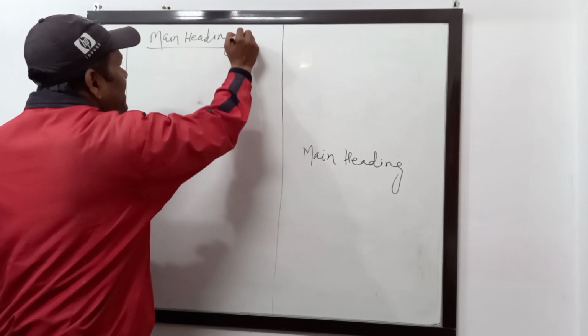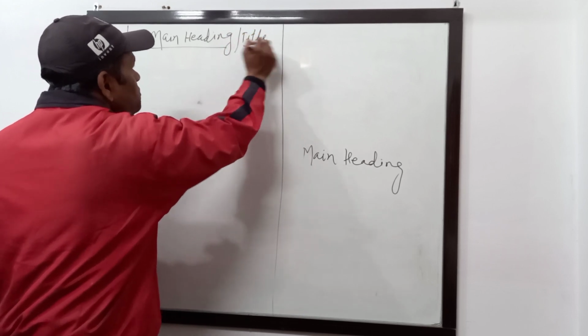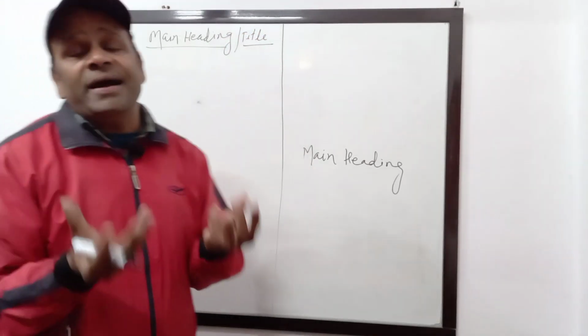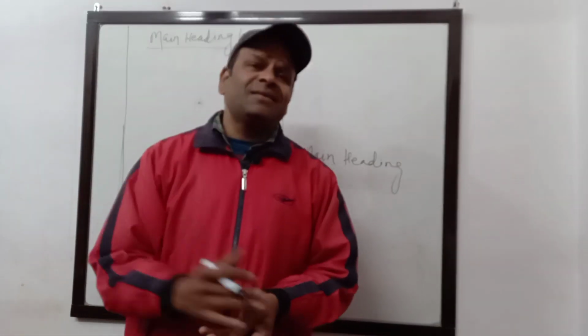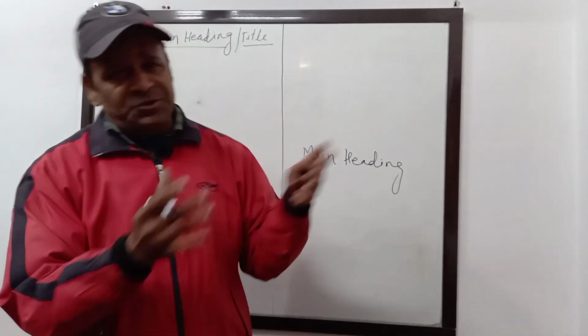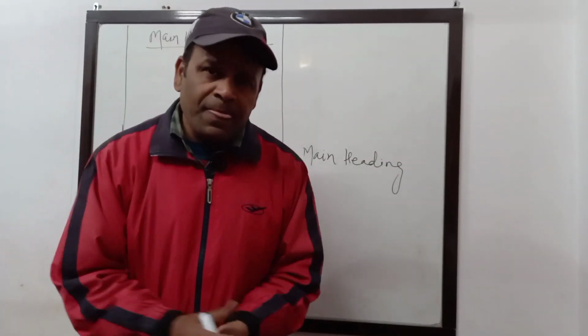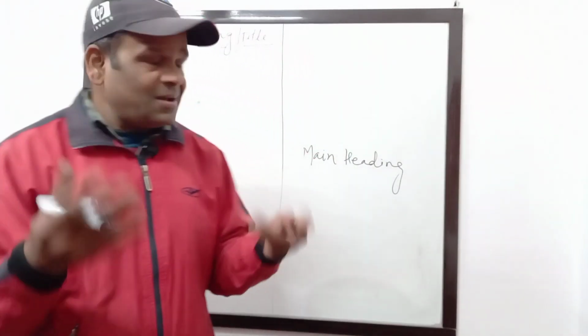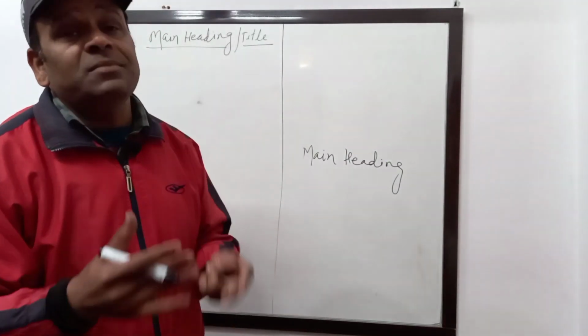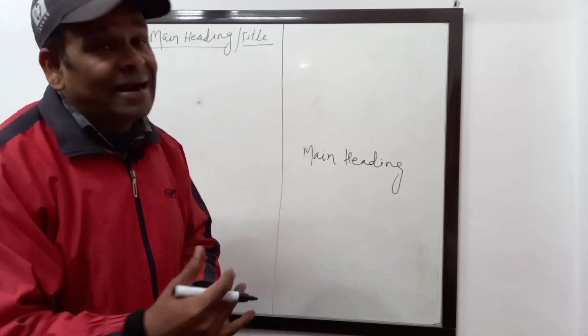You can say it title also. Once you read the passage, you get a title of the passage. Title may be politics or sports or education or any other. After reading 1 or 2 or 3 paras, you can clearly find out what possible title or main heading may be.